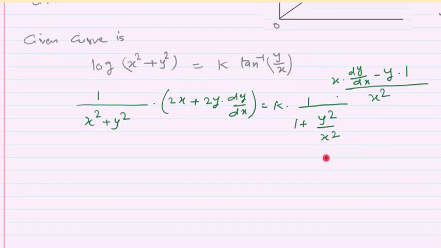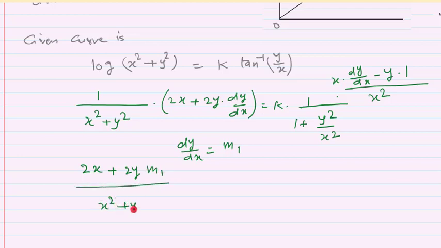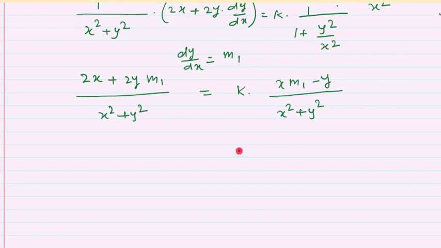Now x square gets cancelled with this x square after taking LCM. So cancelling x and taking LCM, we are getting 2x, and for a while, for easy writing, let me consider that dy upon dx is equal to m1. So we are having 2x plus 2y into m1 upon x square plus y square is equal to k into x into m1 minus y upon x square plus y square. You know very well that these denominators are the same, so we can cancel them out.